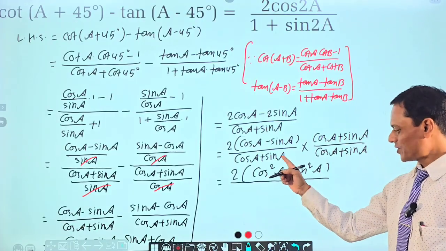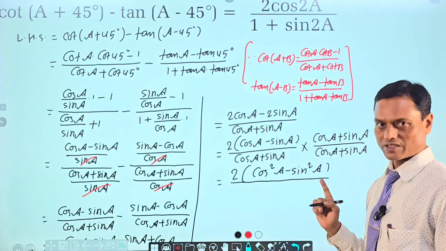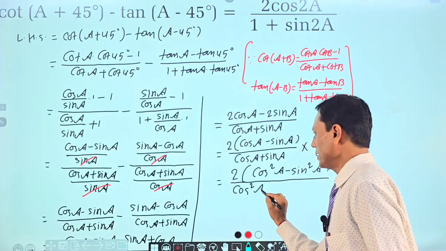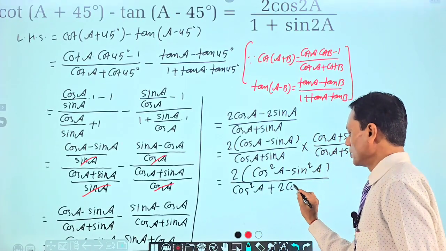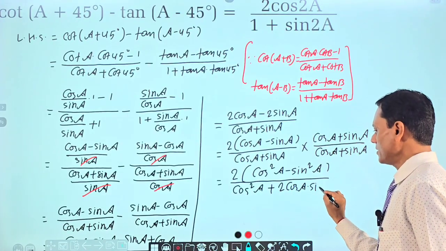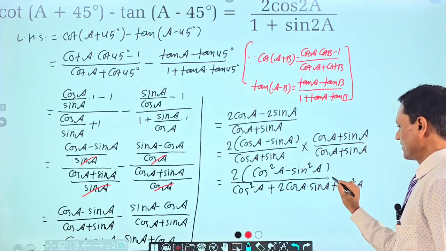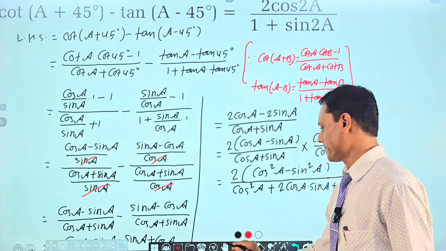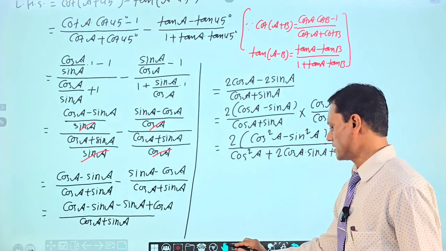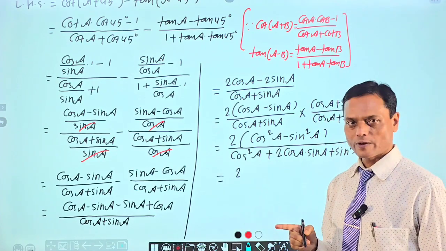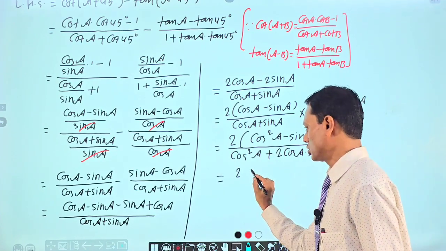Next step, cos A plus sin A, cos A plus sin A means cos A plus sin A whole square. So we can write cos square A plus 2 cos A dot sin A plus sin square A. After that, cos square A minus sin square A equals cos 2A, so that's 2 cos 2A.